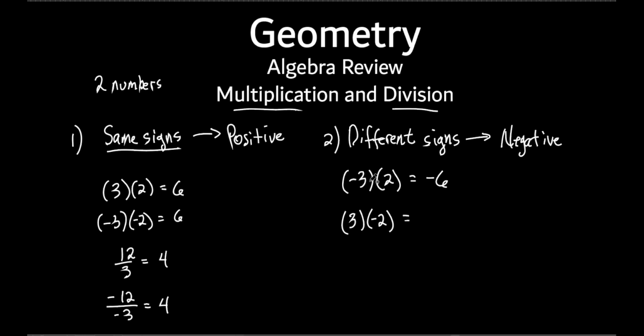Make sure that you go back, watch the other video on addition and subtraction, then watch this one, you'll see the difference. So two different signs is always negative. It does not matter if the negative is with the bigger number or with the smaller number. It makes no difference, right? You just have to know if one is positive and one is negative, your answer is going to be negative.